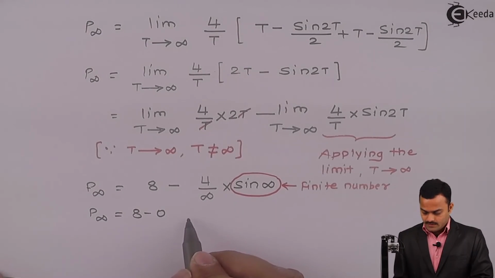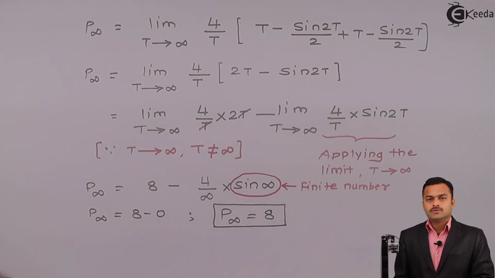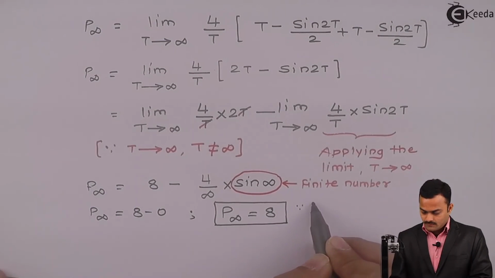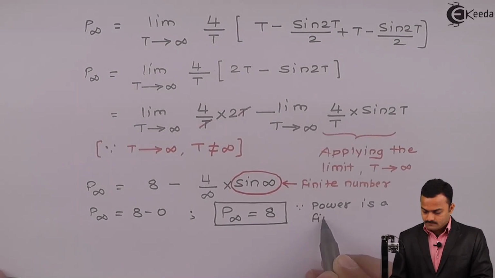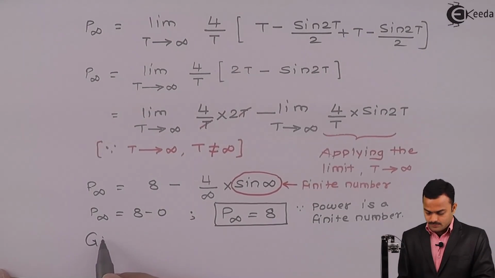In the end, it will be equal to 8. So I'm getting power as a finite number. Since power is a finite number, I can say the given signal is a power signal.